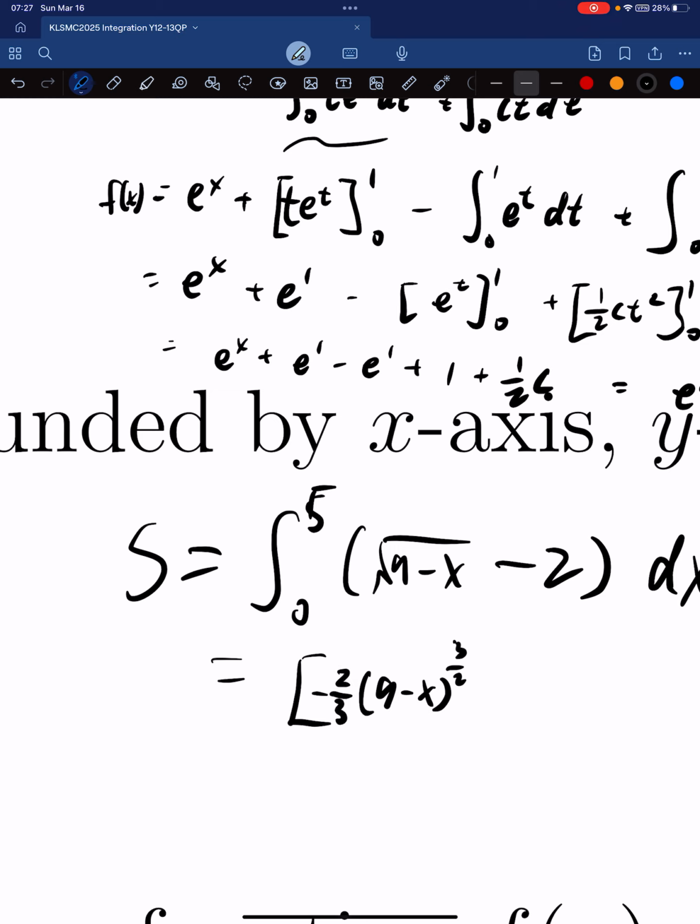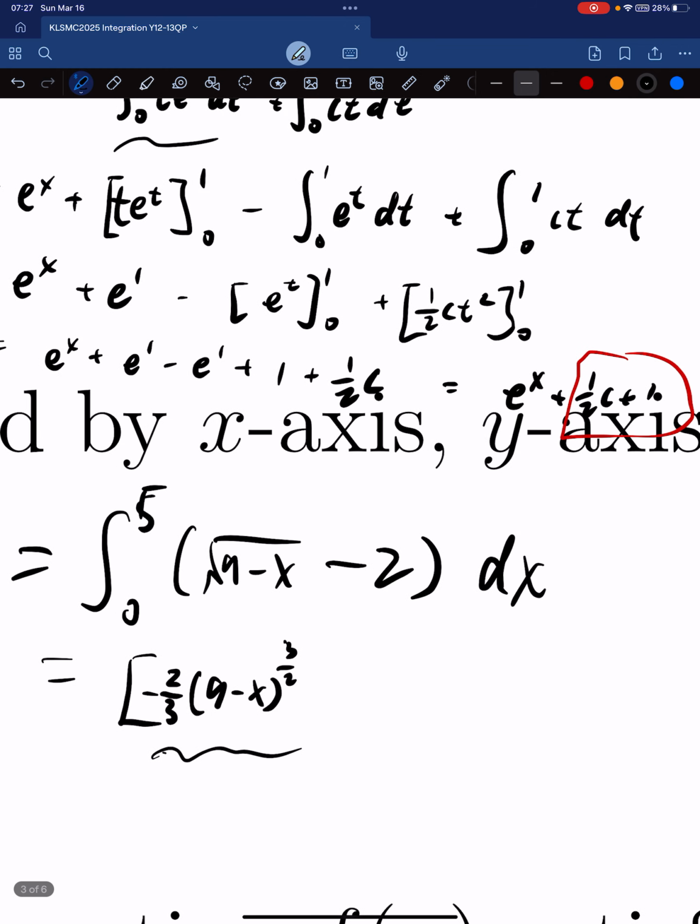So 3 over 2 times negative 2 over 3 times this negative 1 factor will give us 1. If we differentiate this, it will give us root 9 minus x again. And negative 2 obviously just integrates to negative 2x.